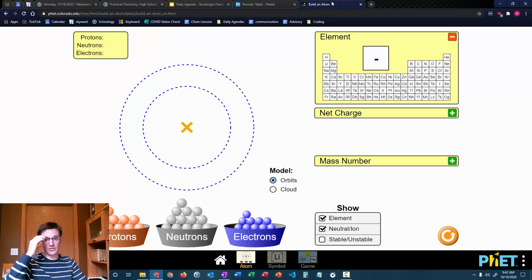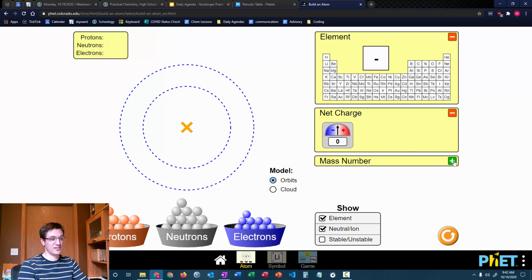Atoms are made of even smaller pieces, and maybe you know this already from an earlier year of science, but atoms are made up of protons, neutrons, and electrons. And here in this PhET simulation, we have the opportunity to use those subatomic particles to build an atom of whatever element we like.